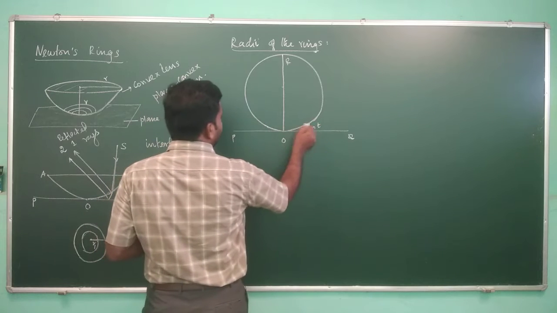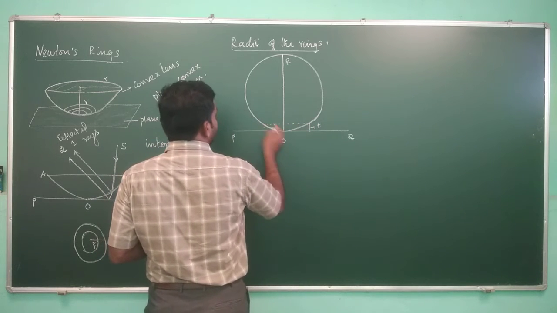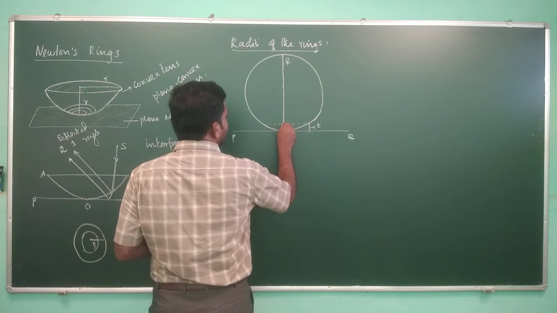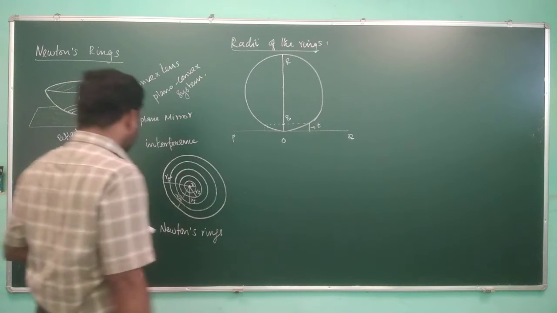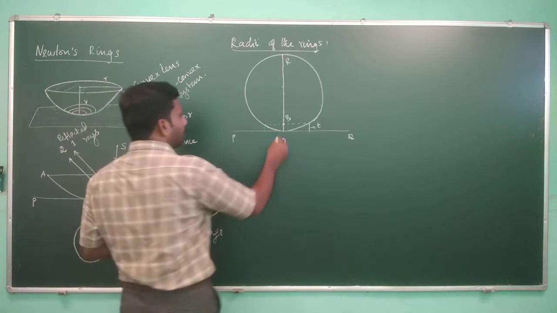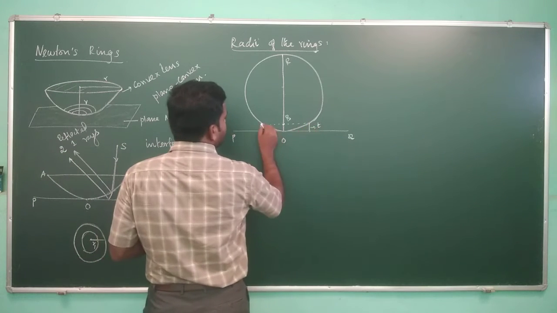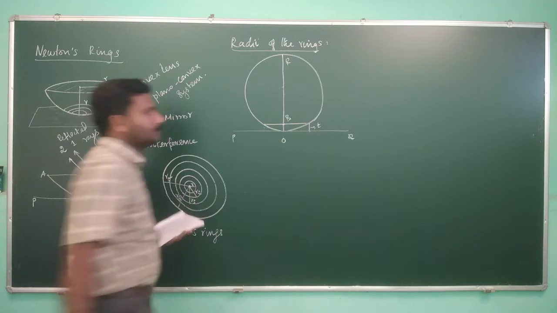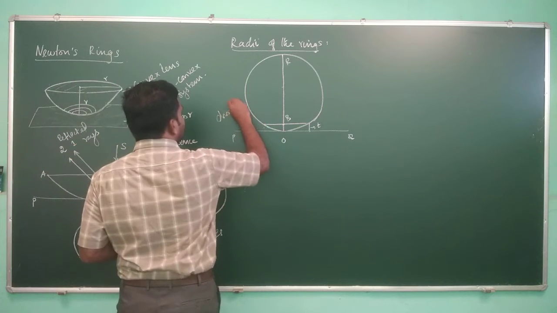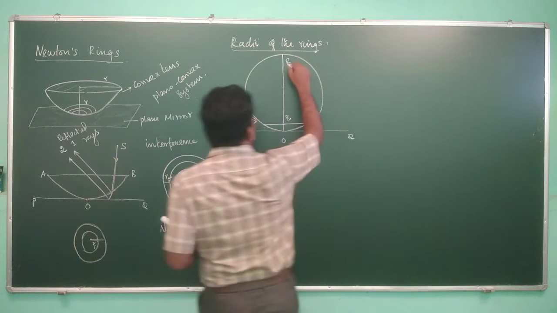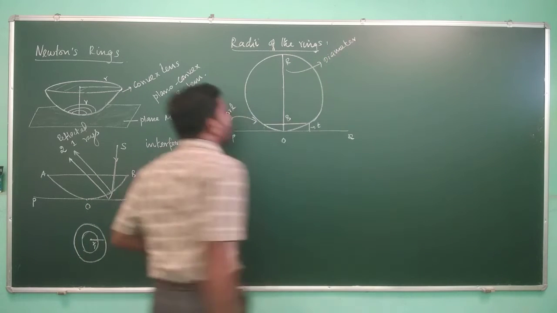So you can extend this. Everywhere it is T, so at this point we can define a point B, and this is O, right? Along the direction of this thickness, we can draw a line in the circle. This line is a chord of the circle, and this is the diameter.